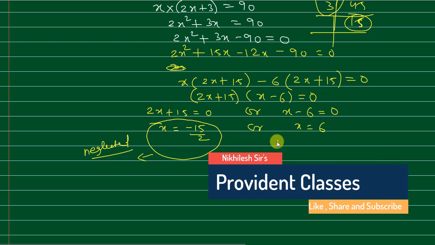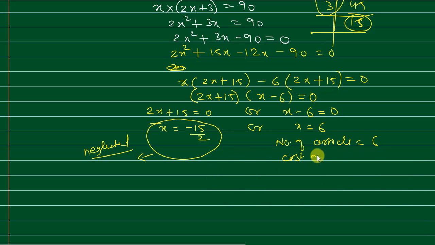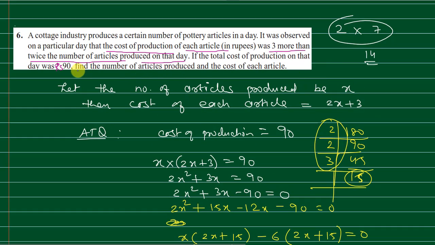That is, number of articles is 6 and cost of each article would be 2x plus 3, that is 2 into 6 plus 3, which is 15, and you can check your answer. 6 into 15 is 90, and the cost of the budget was 90 only.